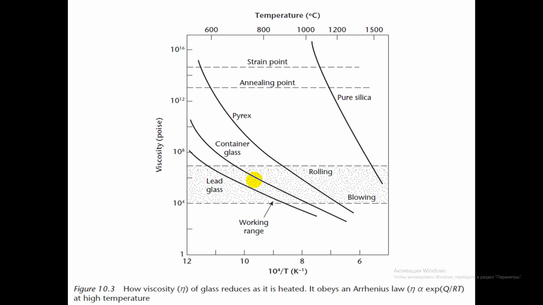In some texts, the upper and lower lines of this range are designated the softening point and the working point. However, from our point of view, the working range is the important temperature range for shaping glass products.